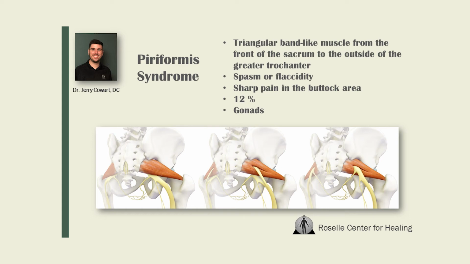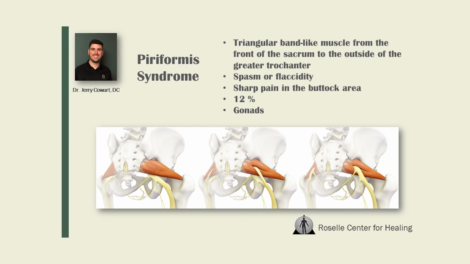And as you go to this third picture here, the one all the way to the right, this happens in about 12% of the population. And that is the entire sciatic nerve goes through that piriformis muscle. It is very frustrating.